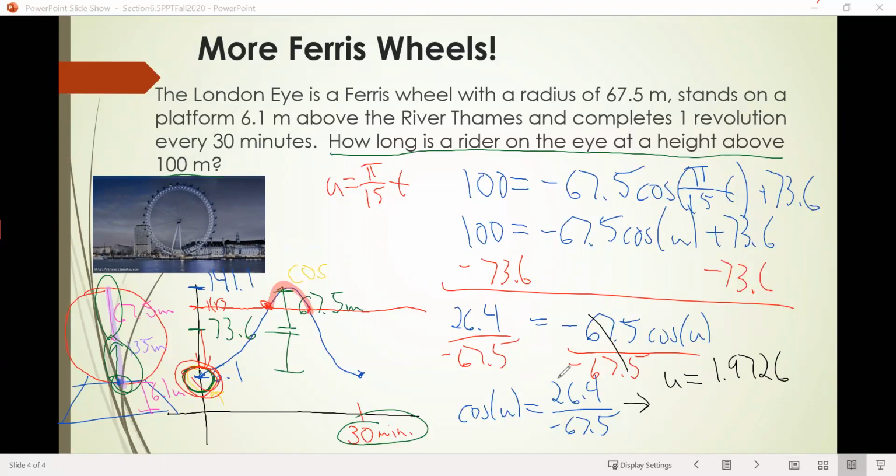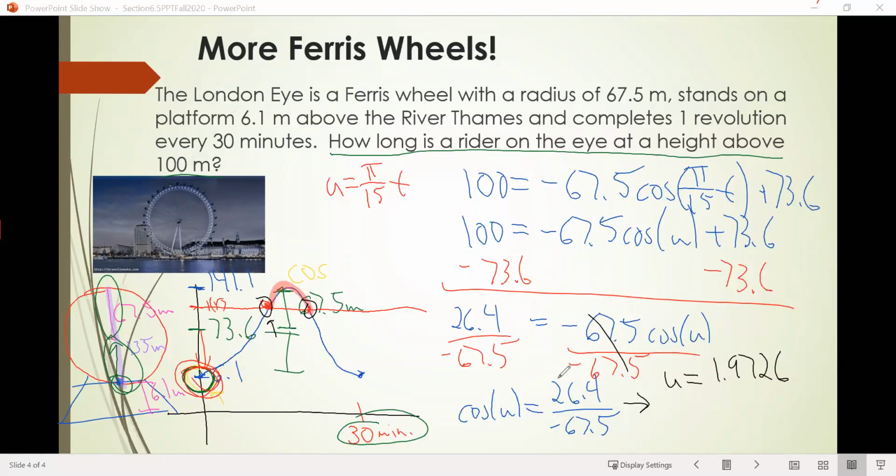Okay, and then we'll have to recall from section 6.4 that that's one answer. And first of all, we note that we should have two, so that would be the first one. That answer's in the second quadrant. And since the cosine value we're doing the inverse of is negative, we should also have an answer in the third quadrant. So we can use reference angles to find what that angle is in the third quadrant.